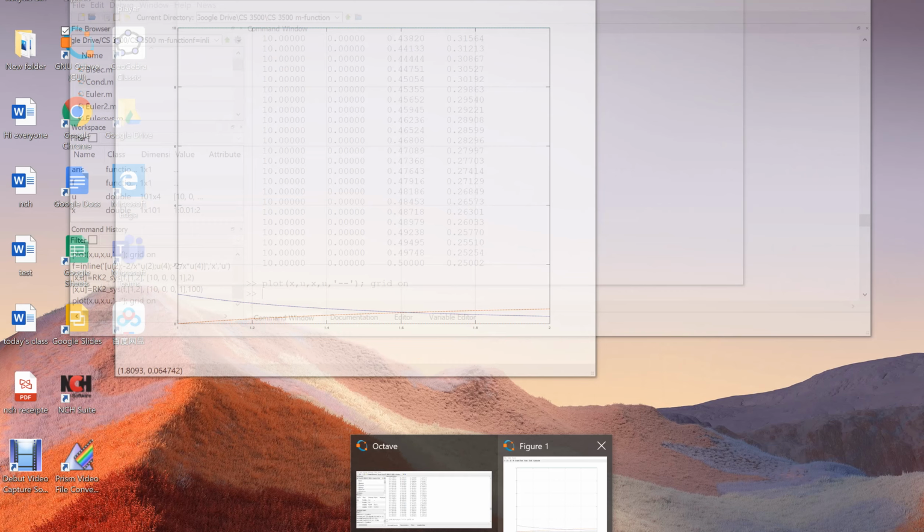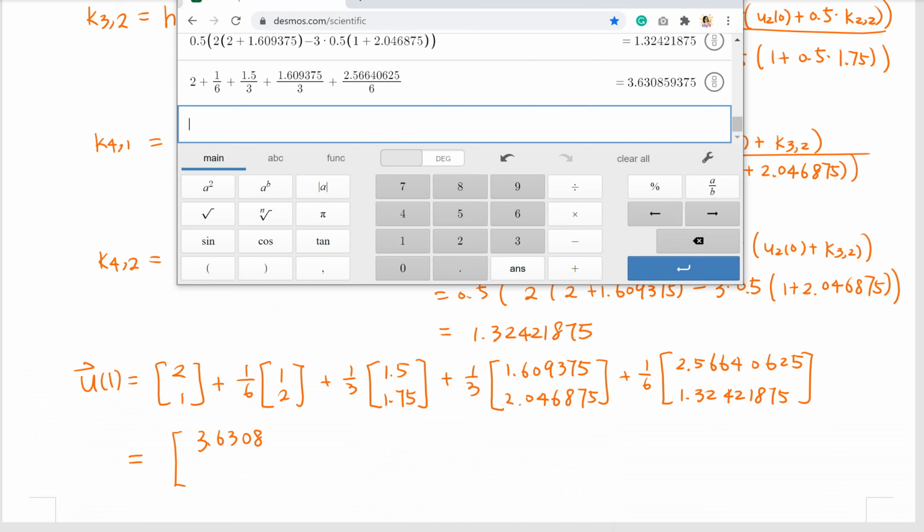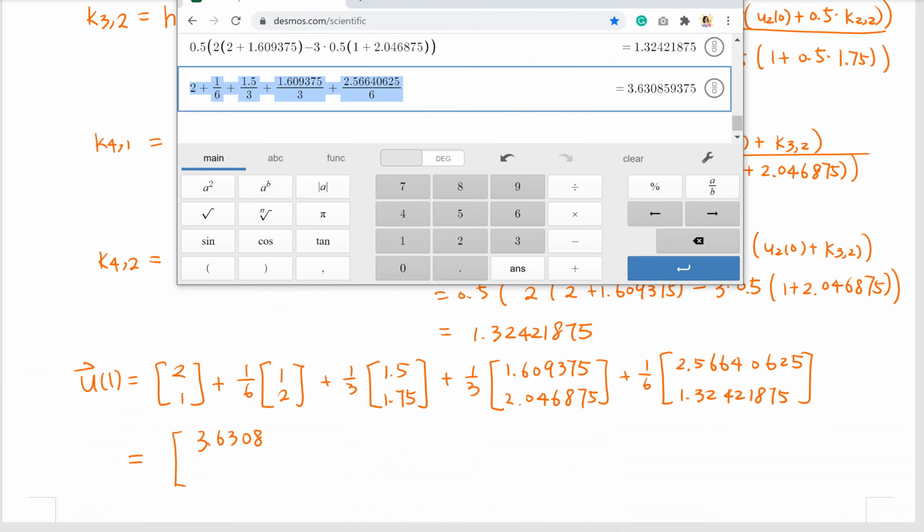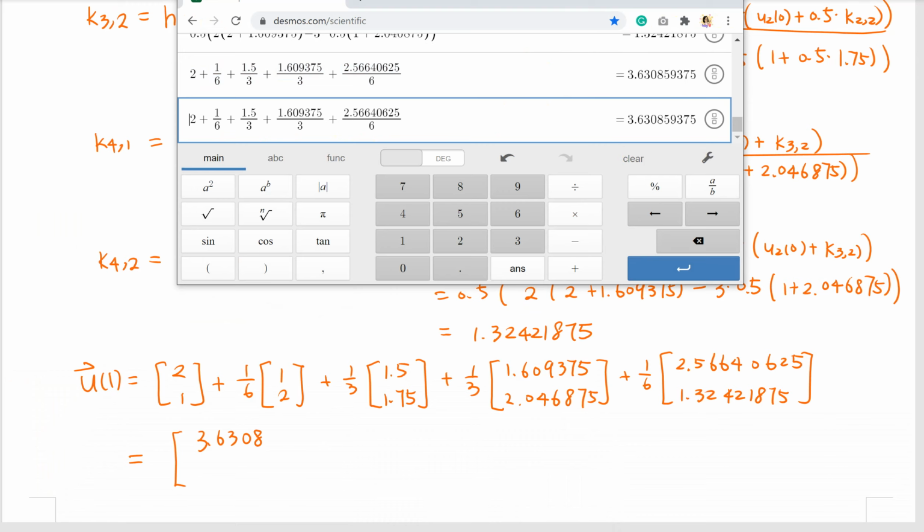Okay, next. Oops, sorry. I'm gonna copy it. Then we replace what we're gonna change. This is 1. That is 2. This guy is 1.75. This guy is 2.04685.